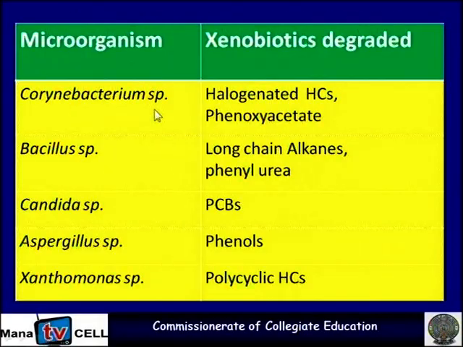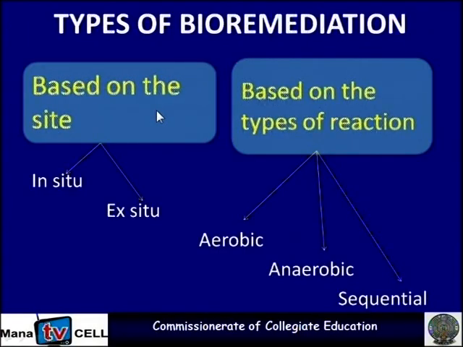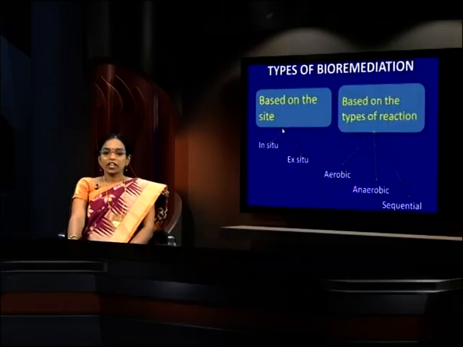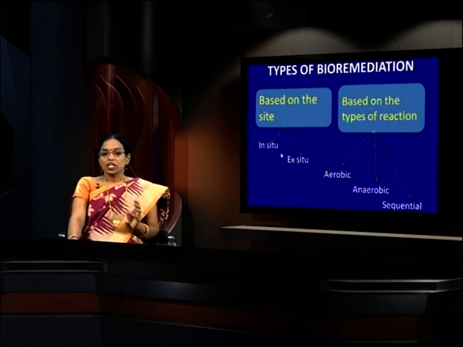Coming to types of bioremediation, we can classify bioremediation based on the site and based on the type of reaction. Based on the site, we categorize it into in situ and ex situ. In situ means in site, and ex situ means off site.